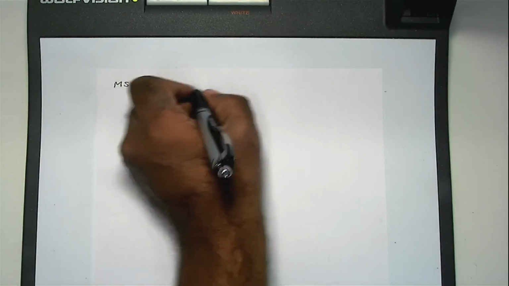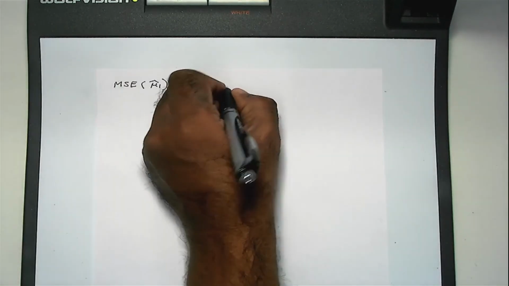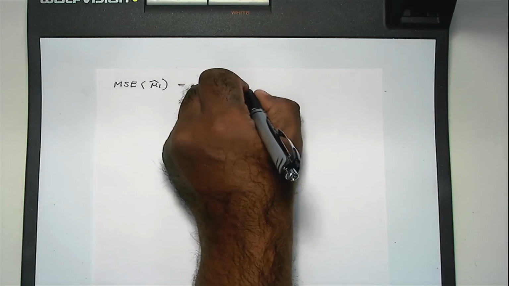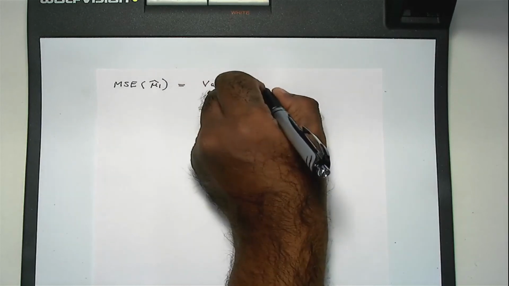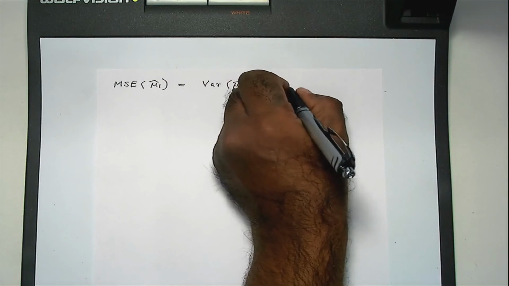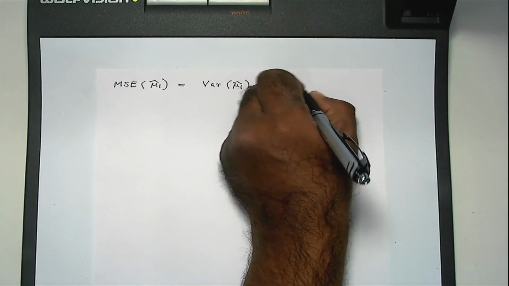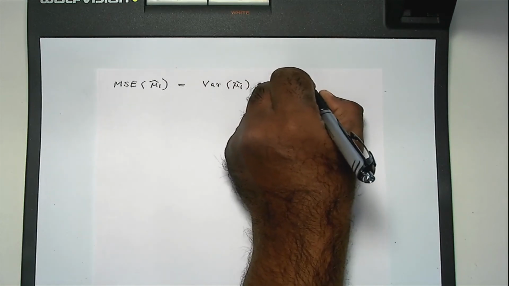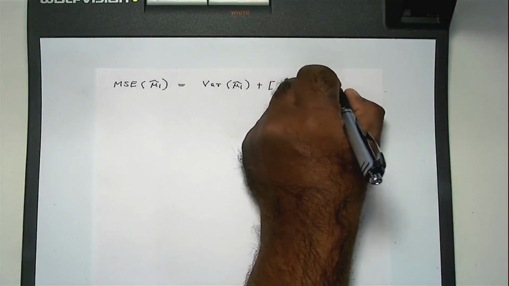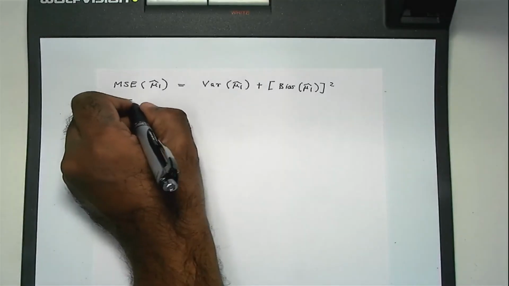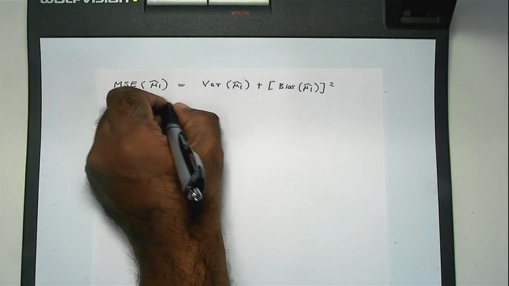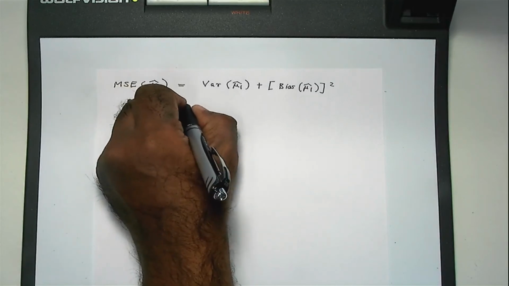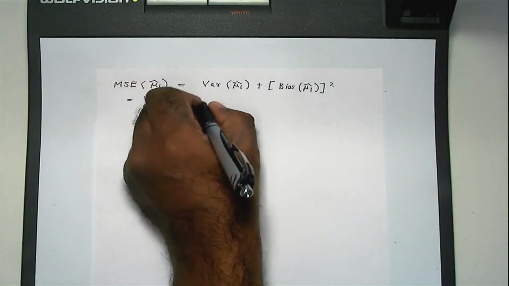which is the variance plus the square of the bias. So this is the variance plus 0, right?